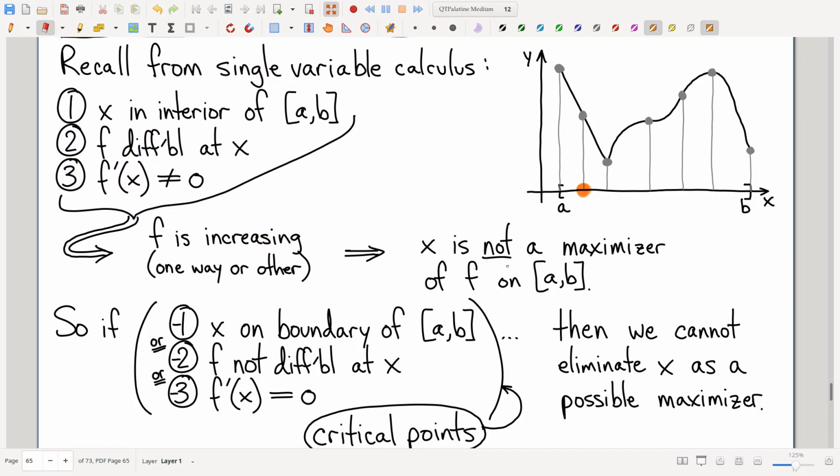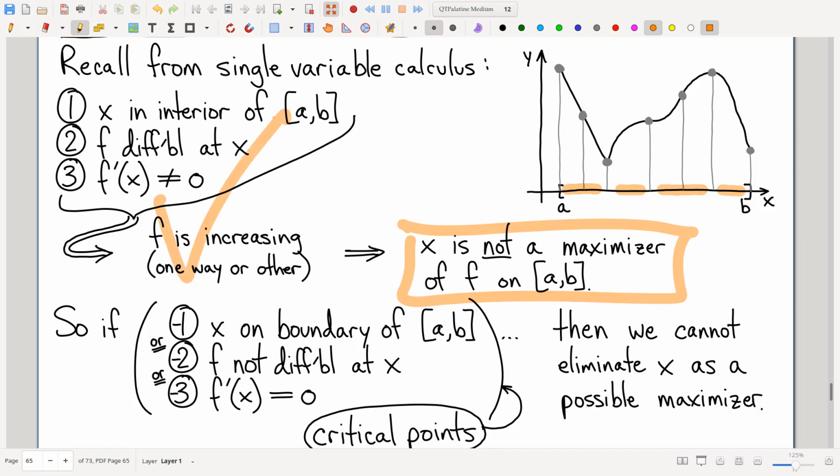And good news, these conditions allow me to eliminate practically every point in the domain. Most of these points are definitely not maximizers by exactly this argument. Now, which points do we fail to eliminate?